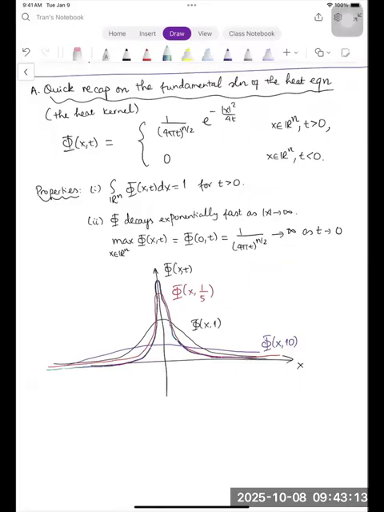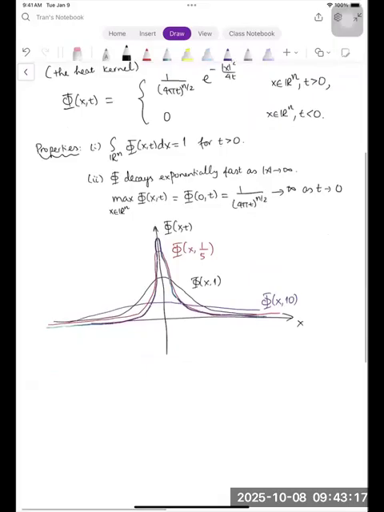So the intuition is that, as noted, phi(x, t) dx itself is a probability measure, simply because the integral equals 1.